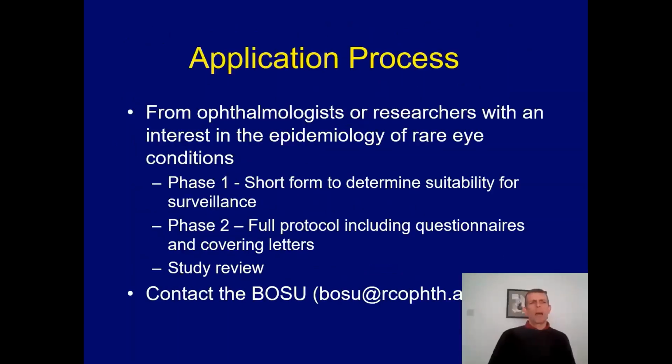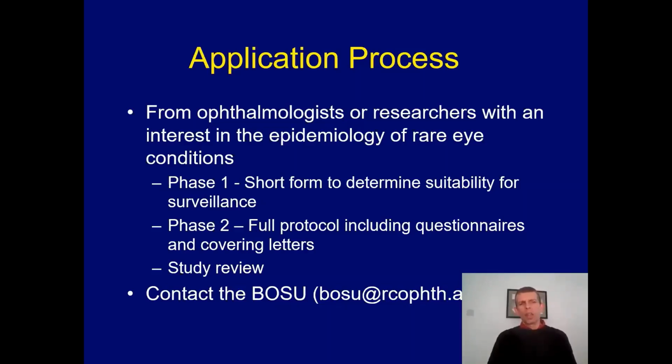New studies emerge from applications from ophthalmologists or researchers who have an interest in the epidemiology of rare eye diseases. The initial application, phase 1, determines the suitability of a topic for surveillance. This is typically about 2 pages long and provides background information, especially focusing on why the topic is of scientific or public health importance, and all include the proposed case definition and research questions that are hoped to be answered.